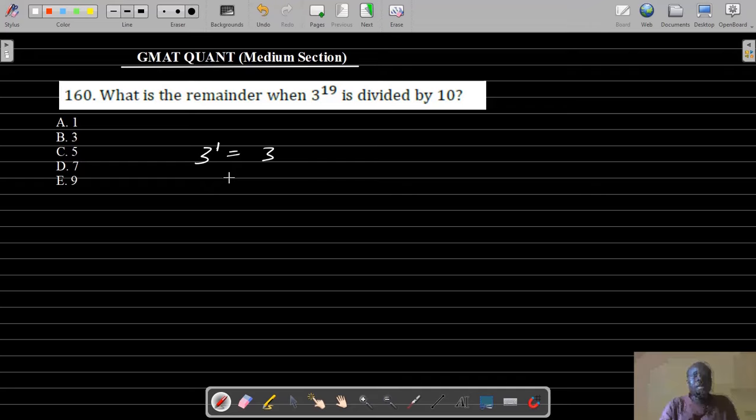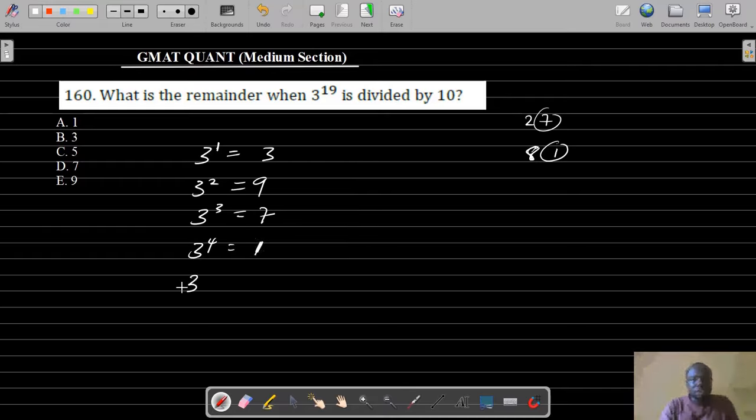Mind you, I'm going to write only the unit value, since we are only interested in the unit value. 3 raised to the power 2 will give you 9. 3 raised to the power 3 will give us 27, but we only write out the unit value, which is 7. 3 raised to the power 4 will give us 81, and the unit value is 1.